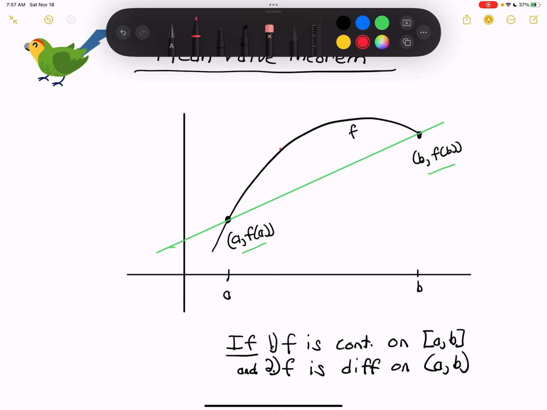So it looks to me that it's going to exist about right here. And there we go. That has the same slope as the green line. And the c looks to be about right there. So I know that that c must exist somewhere between a and b. That's all the mean value theorem is saying.